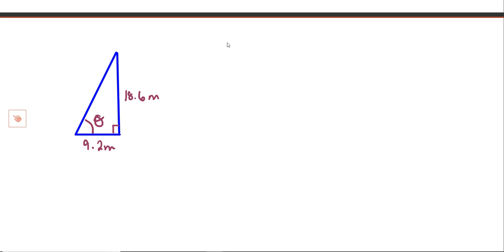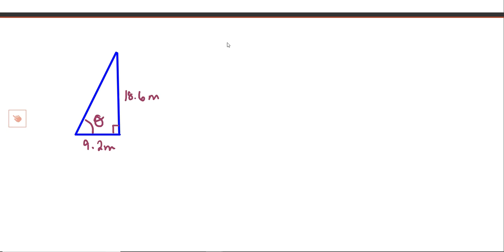The answer to that is no, I have enough information. What do I need to use a trigonometric ratio? How many things? 2. I either know 2 sides, or I know an angle and a side. I only need 2 things. 2 angles, would that work? No, because that could give me any size of triangle.